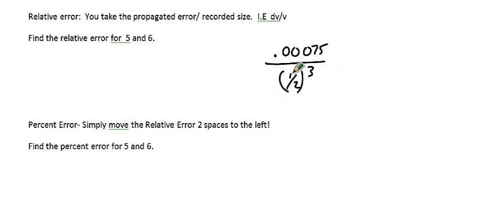When I say the actual volume, that's your assumed volume, not doing any plus or minus, saying that the side length is a half. So you take 1/2 cubed, and this gives you whatever your relative error is.